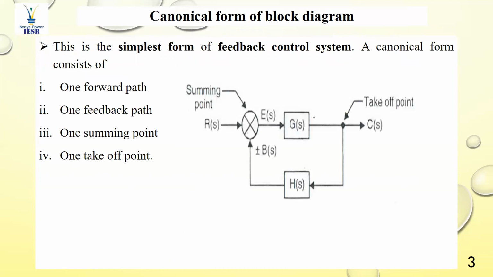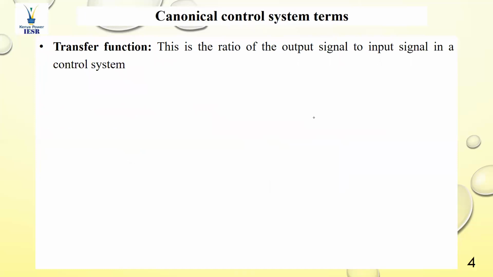And then we had a canonical form which consists of one forward path, one feedback path, one summing point, and one takeoff point. And then we had the transfer function, which is the ratio of the output signal to the input signal of a control system. So in our next class, we are going to derive three ratios: the control ratio, the primary feedback ratio, and the error ratio.